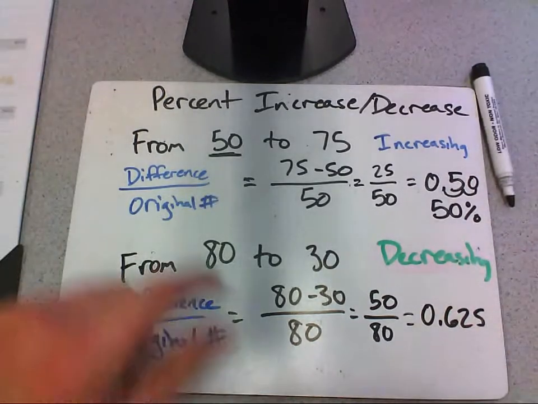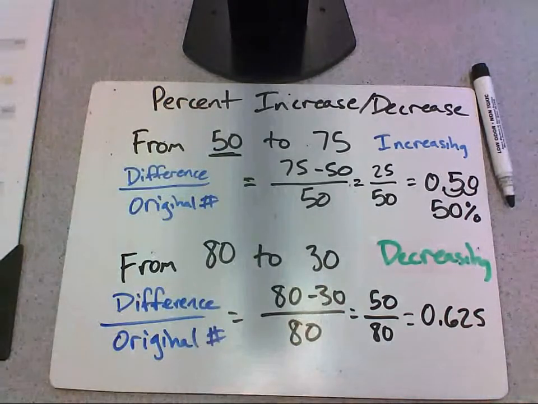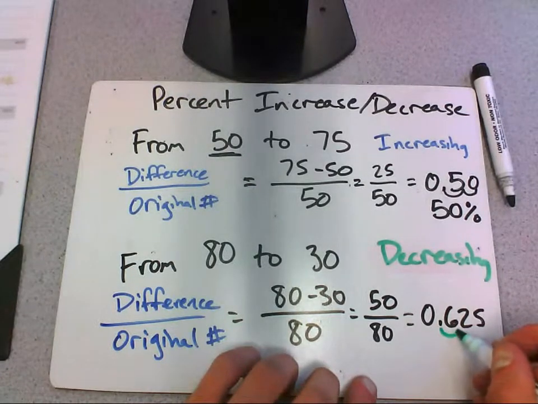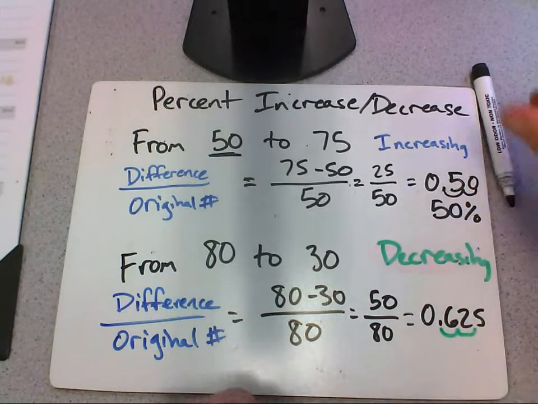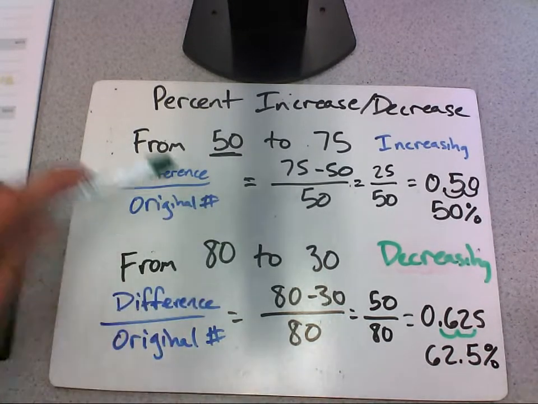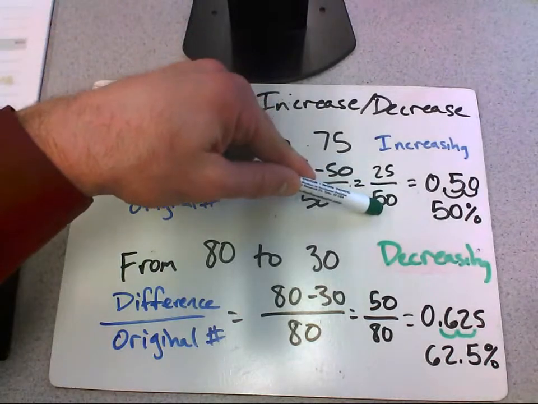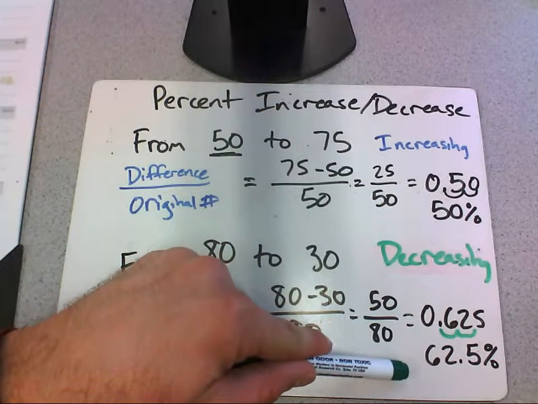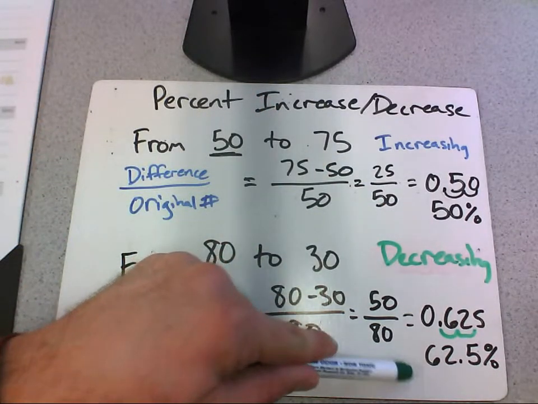But because I'm asking for the percentage, I want to write this as 62.5%. So we have a 50% increase and a 62.5% decrease.